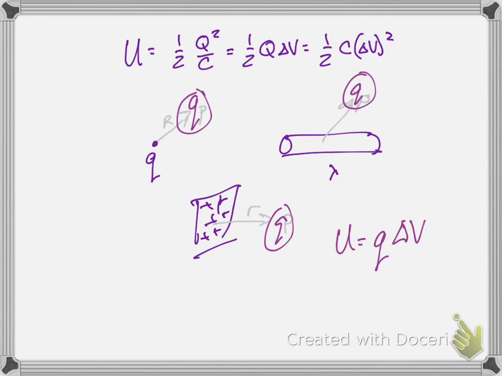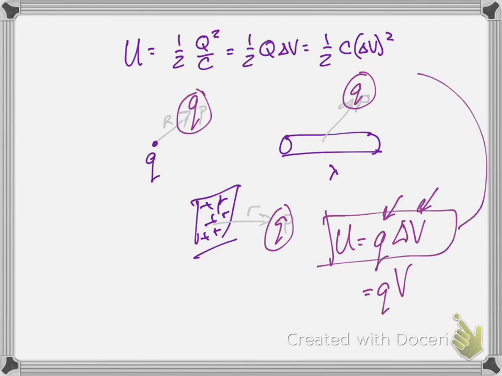I guess it could be delta V, because we're measuring that potential relative to some V equals 0, or we would just write that as QV, understanding that V is measured relative to some V equals 0. So that's for a point test charge in a potential in general. This is the general equation we knew.